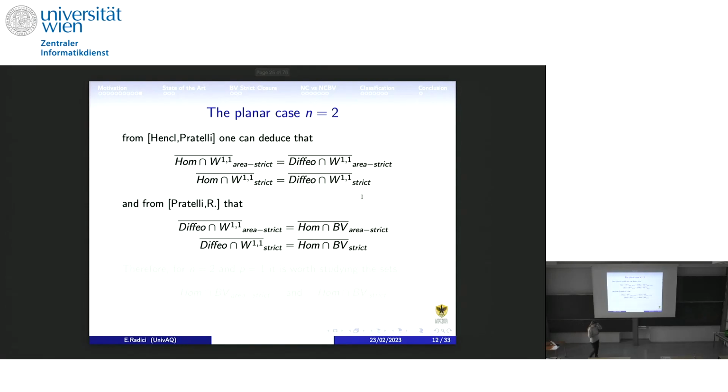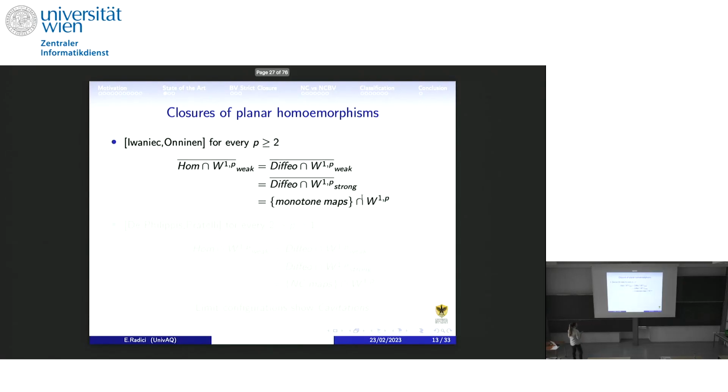And then during my PhD with Aldo, we proved that actually any homeomorphism in BV can be approximated strictly and area strictly by diffeomorphisms. Diffeomorphisms in BV are also in W^{1,1} because they are regular. So in the end, what you are really interested in the planar case is characterizing the classes obtained by the closure of the homeomorphisms in BV, either in the strict or the area strict sense.